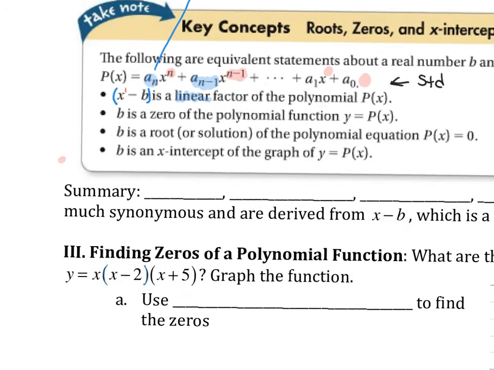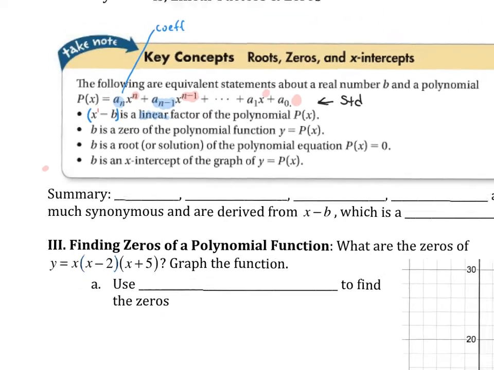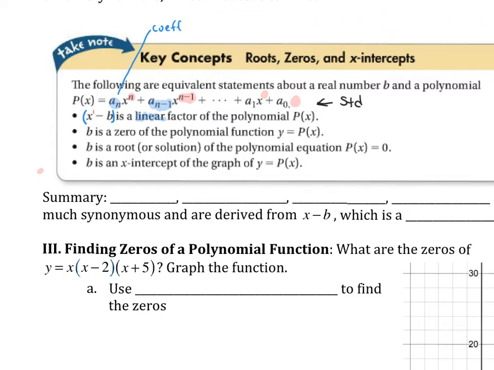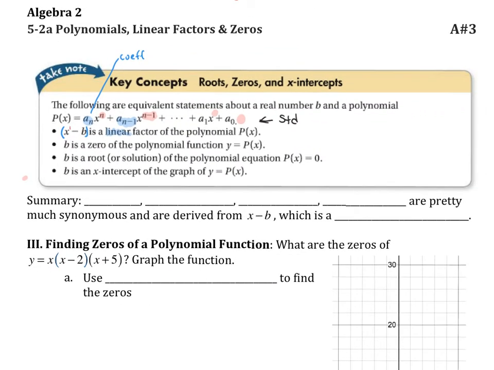So let's summarize real quick. What we see here is essentially true, which is why I've said they are pretty much synonymous here, so not perfectly synonymous, but here we have that roots and zeros, and there could be more than one, which is why I'm putting parentheses there, or solutions, abbreviated right there, or x-intercepts.